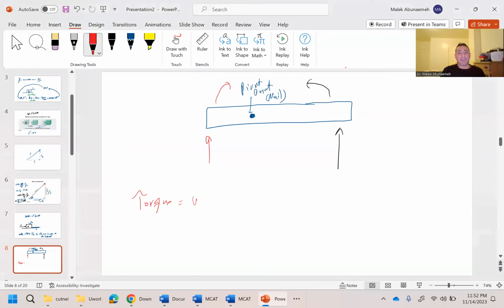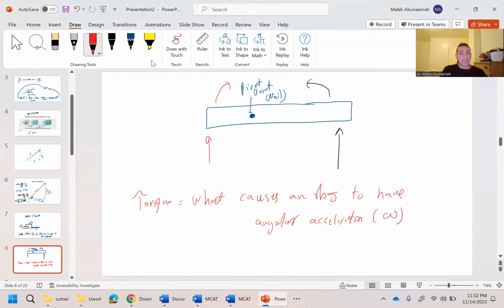Now, torque is what causes an object to have angular acceleration, which we defined before as your omega over here.